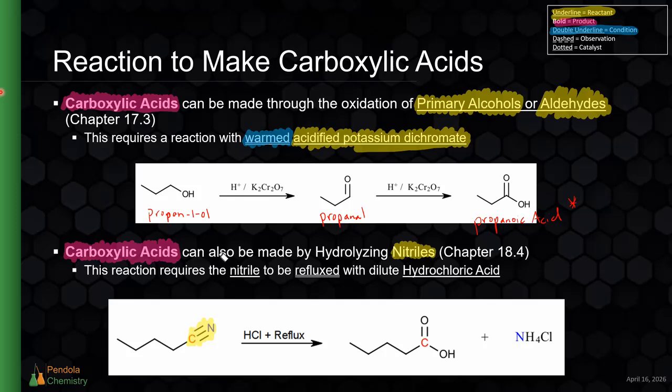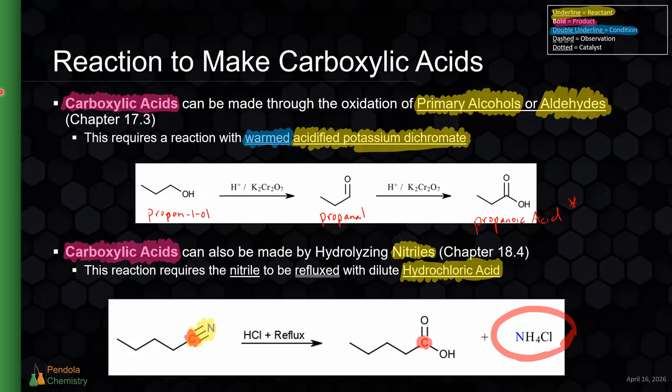So when a reaction has a nitrile refluxed with hydrochloric acid as our reactants, what's going to happen is that we are going to grab that carbon, and I'm going to point out the carbon with red right now. So we're going to grab this carbon in the nitrile, the carbon that has a triple bond to nitrogen, and that carbon will get a double bonded oxygen and an OH added to it, creating our carboxylic acid. The other thing that we'll get out of this reaction is ammonium chloride as a byproduct, from the nitrogen getting hydrogens attached to it and the ammonium ion being created, with the chloride just being there as an ion that came in with the hydrochloric acid.